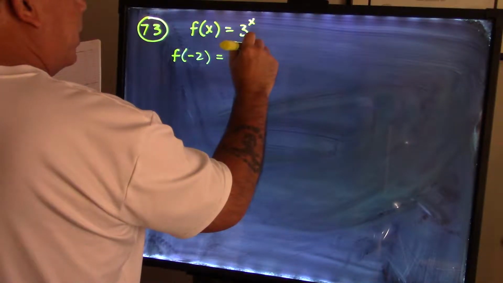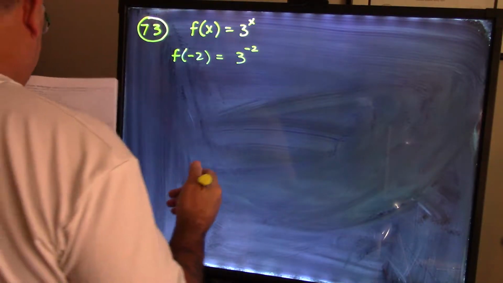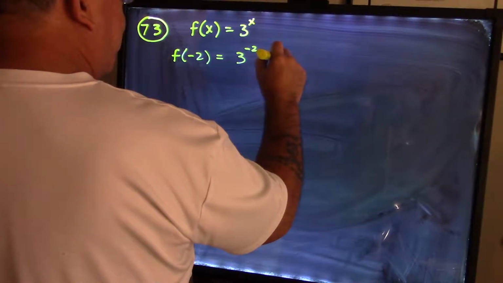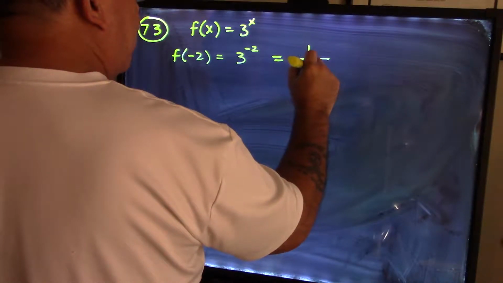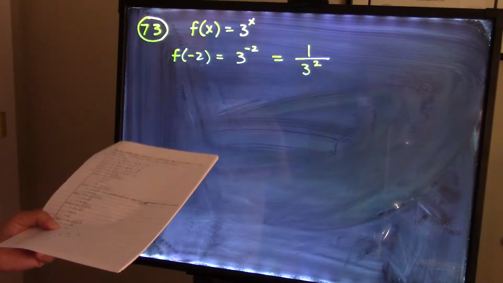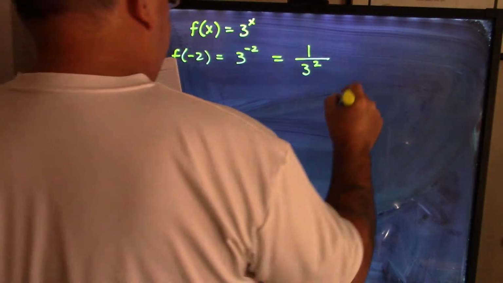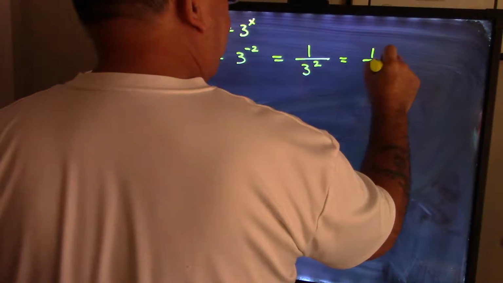That's 3 to the minus 2 power. Alright, so if you have a negative exponent, you can write it like this. That equals 1 over 3 to the positive 2 power. And that's equal to 3 squared equals 9, so that's equal to 1 over 9.